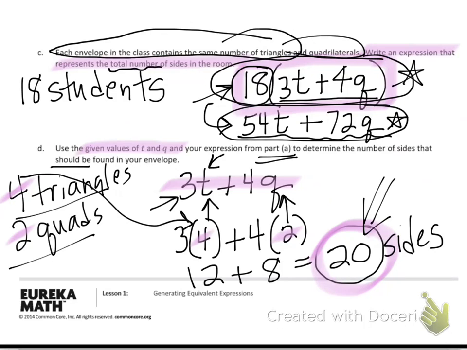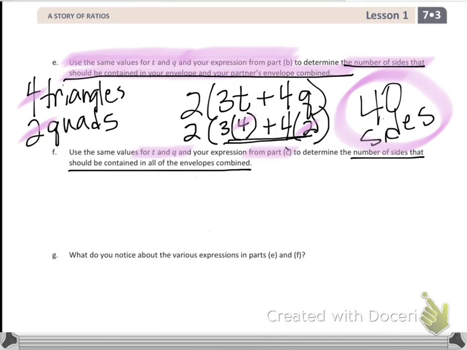I'm going to use this one, because we have 18 students in the class. This stays the same, which I like because this represents one envelope, like I had mentioned, and this represents the number of children in the class. I like that it's very clearly representing what we are working on.